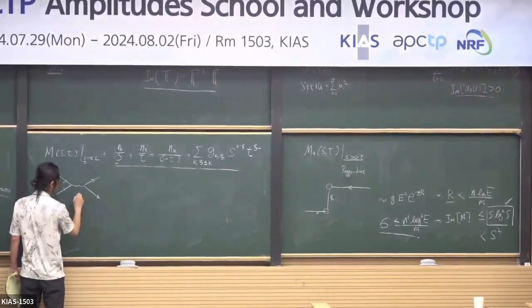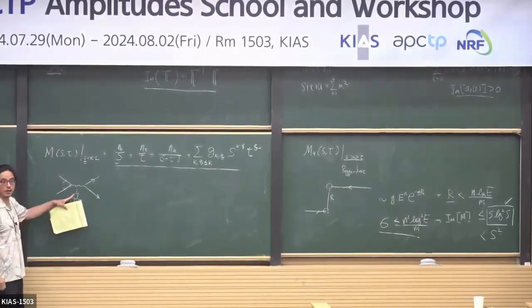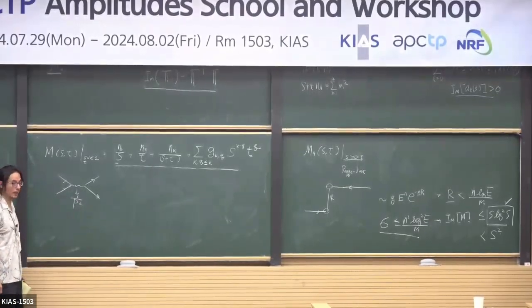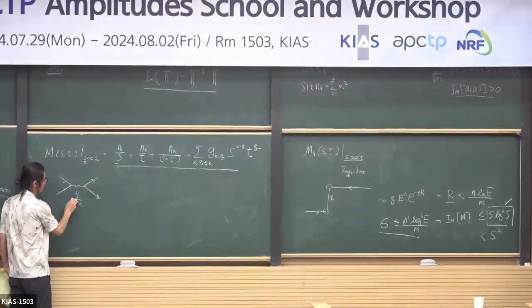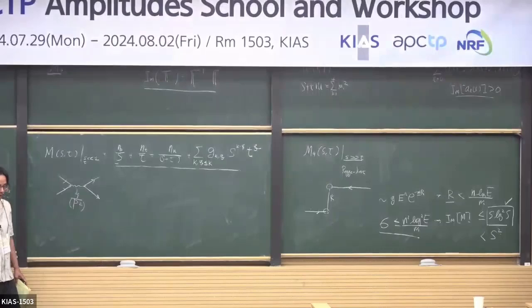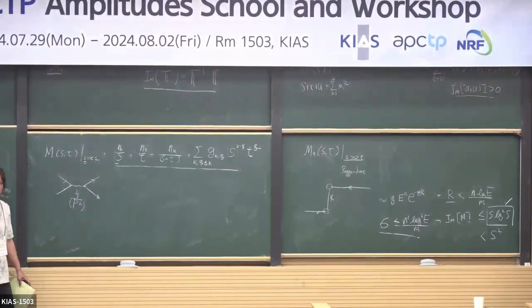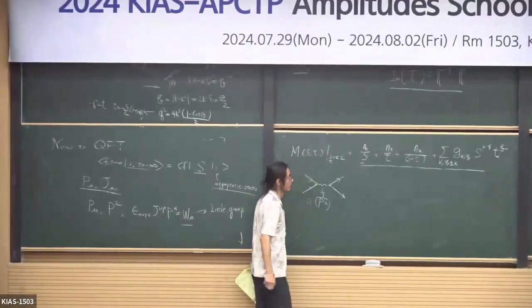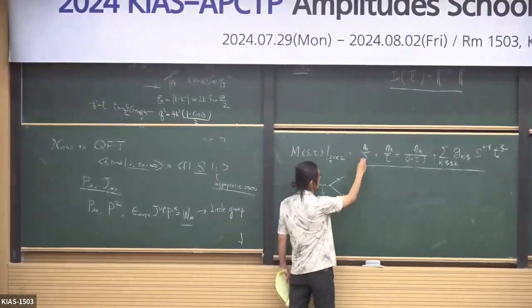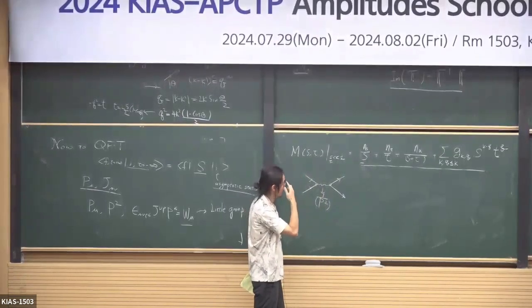And this 1 over S corresponds to the propagator of this on-shell state in your Feynman diagram analysis. And for unitarity reasons, it is usually argued that your propagator can be at most 1 over p squared and cannot be higher. And that's why you only have 1 over S, 1 over T, 1 over U. So even though you can have a Laurent series, the Laurent series really only starts with 1 over S.